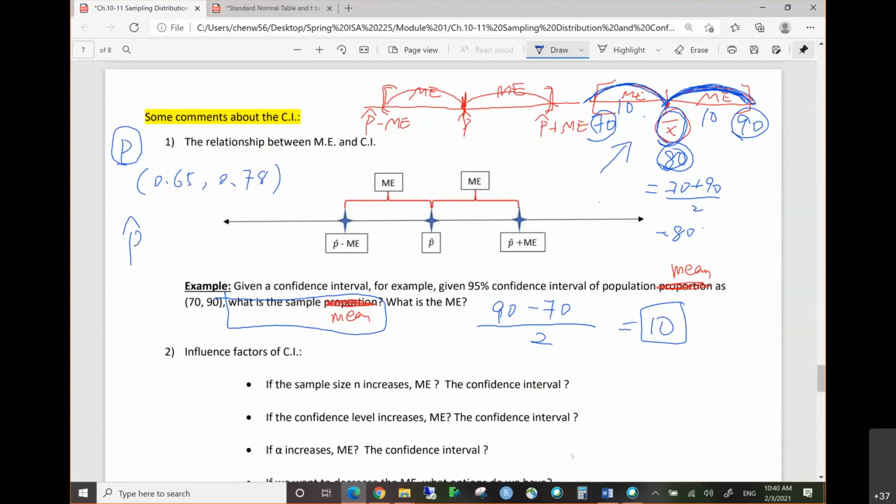The confidence interval is from 0.65 to 0.78, what will be the sample proportion? You say the sample proportion is in the middle of your confidence interval, right? So your confidence interval is 0.65 to 0.78. Then how can you get your midpoint, which is your sample proportion?